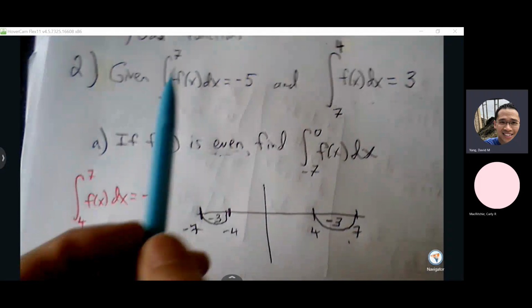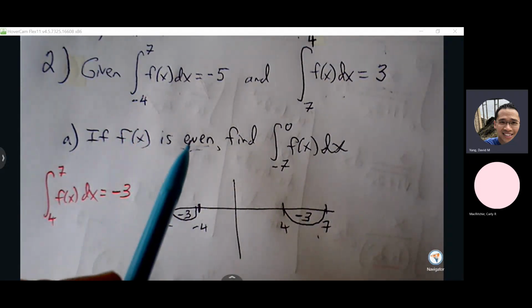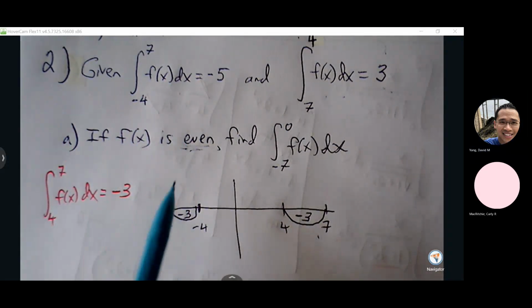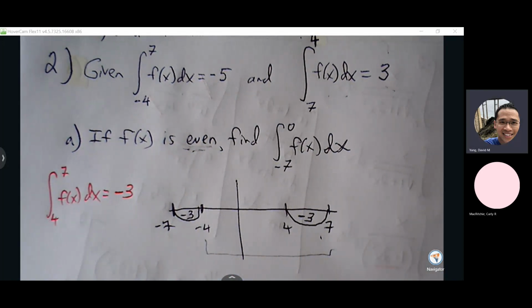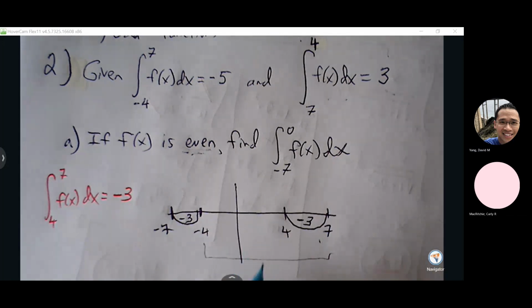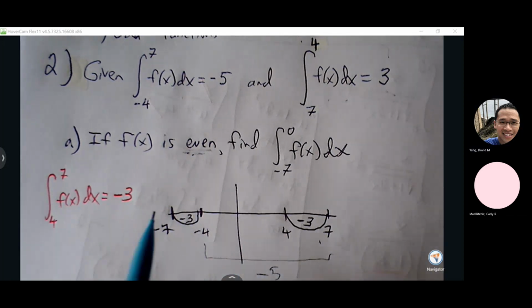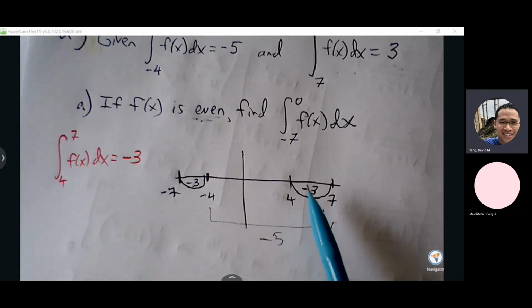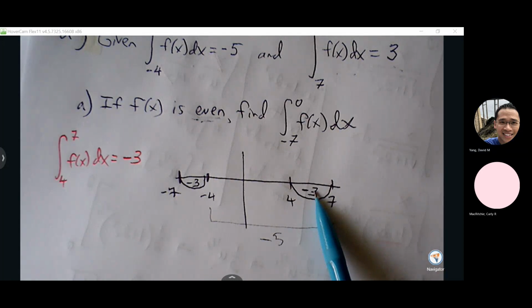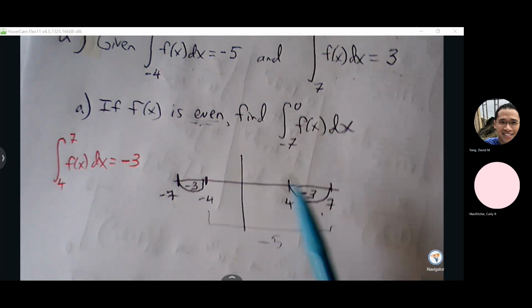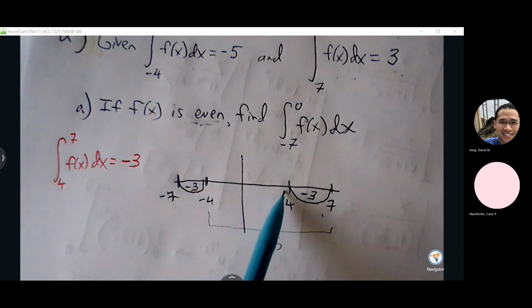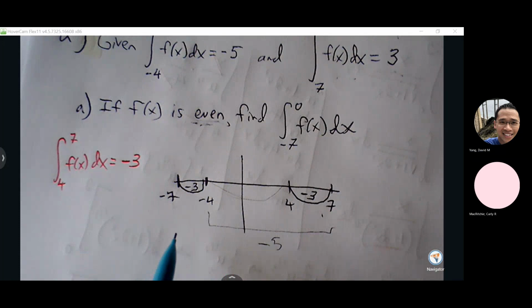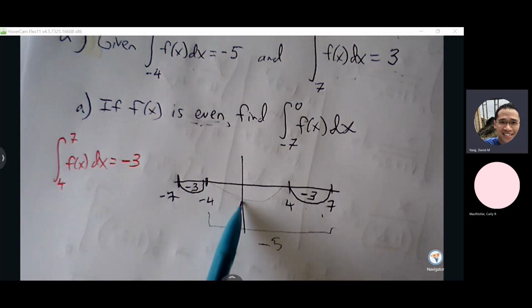Now let's go to the larger interval here from -4 to 7. We want this whole thing to add up to be what? -5. Okay, we already have -3 here, so what else remains? -3 and what will give me -5?